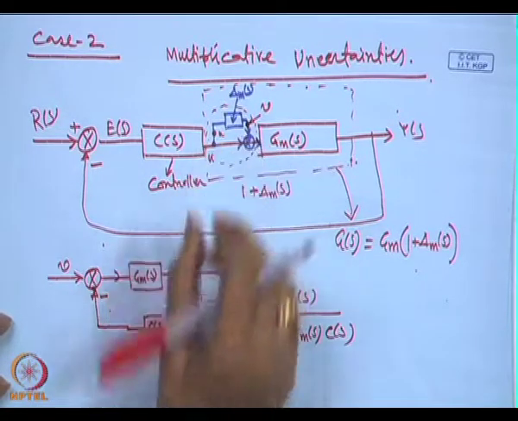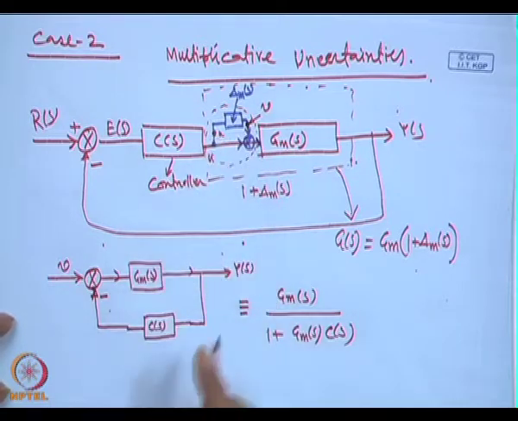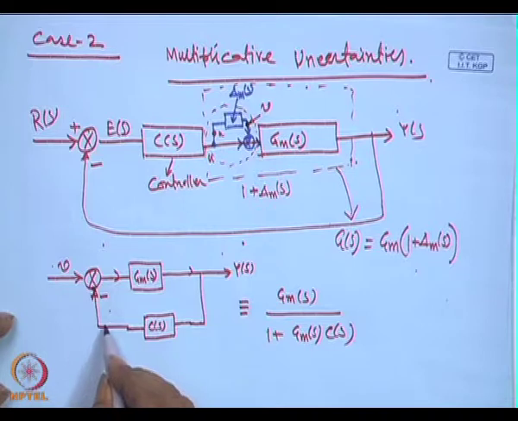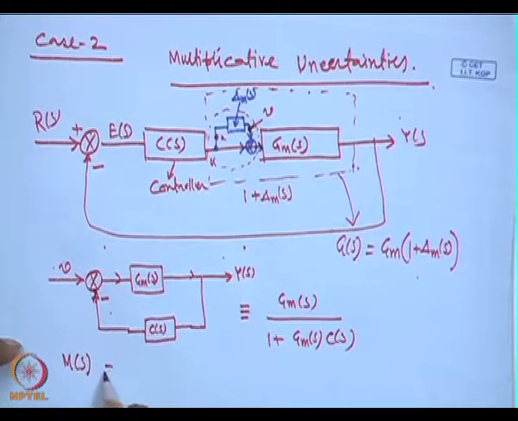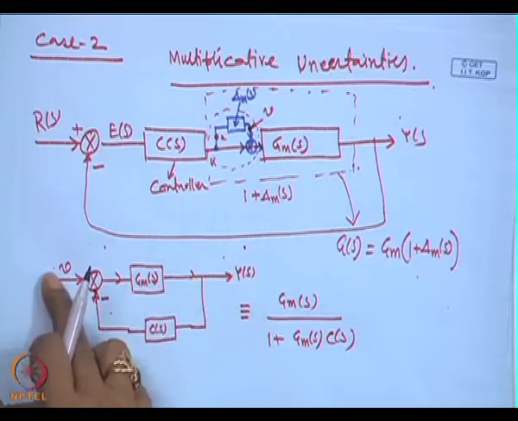Now, what is the transfer function between V and U? U is at this point. The transfer function between V and U will be M(s).